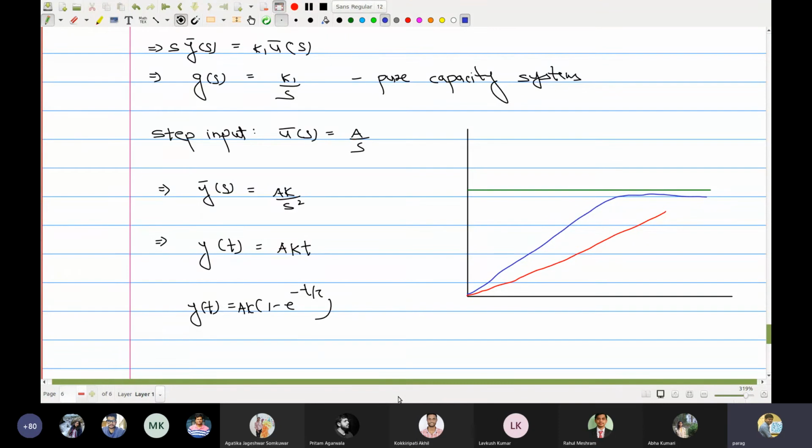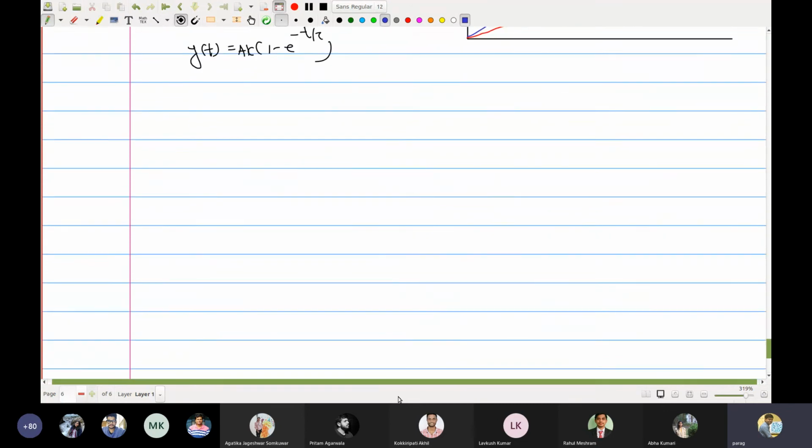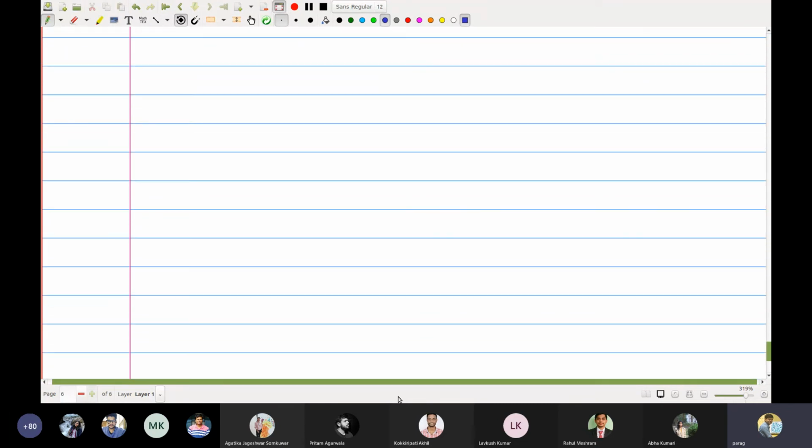This is strange, right? Now let me take another example. What is the case for a ramp response, for example? For a ramp input, u bar of s is A by s squared.